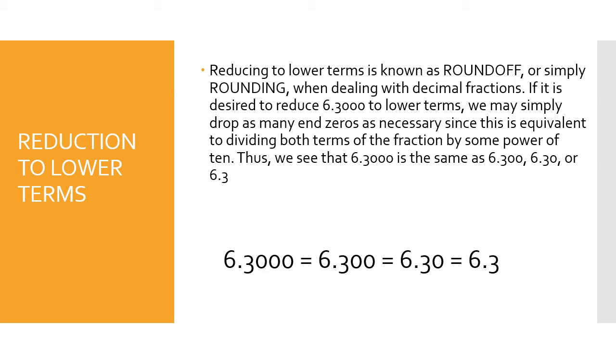Thus we see that 6.3000 is the same as 6.300, as 6.30, or just 6.3. So this is the start of rounding. But you can see we can drop significant figures. But here there's no numbers involved there. It's just zero, so we can just simply drop it. So we're reducing it to a lower term.